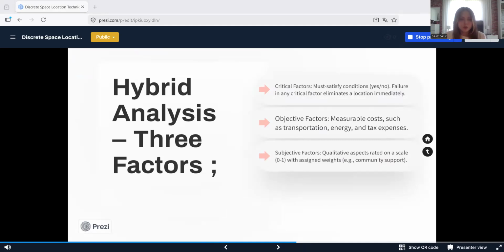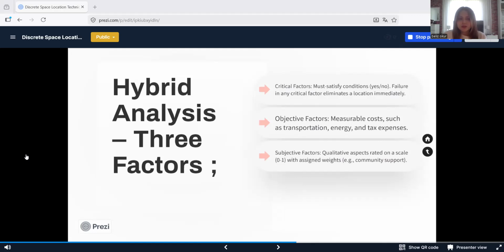That's why the ultimate tool for discrete space location is hybrid analysis. Hybrid analysis combines everything into one master formulation using three types of factors. First one is the critical factors. These are the must-haves. They are simple yes or no. If a location fails a critical factor, it is immediately eliminated.